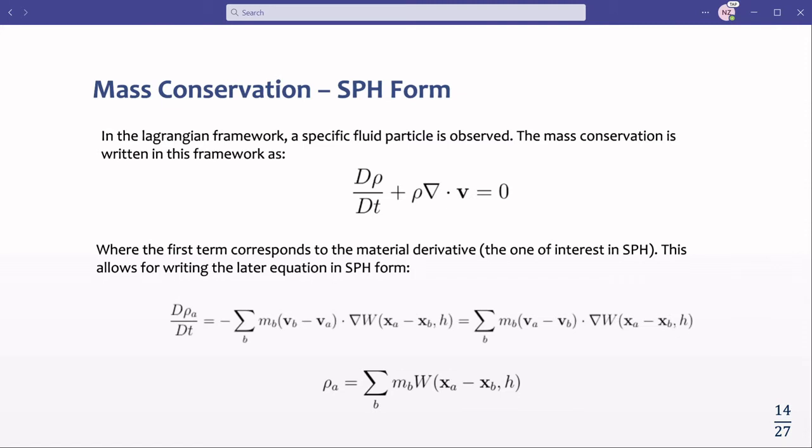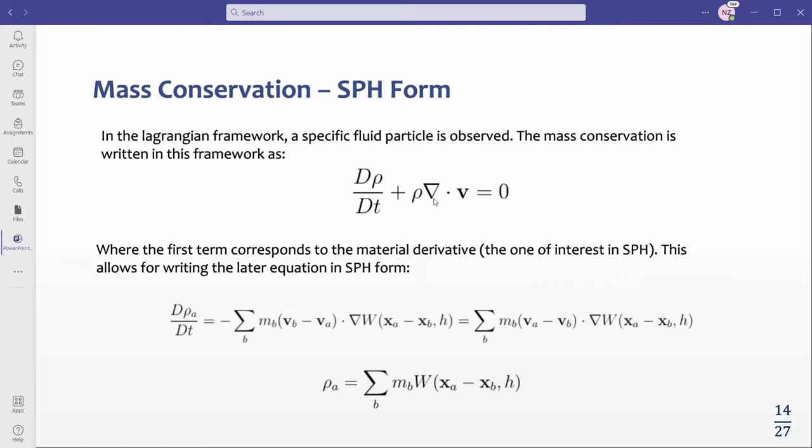Well, now in the Lagrangian framework, this is the expression for the mass conservation. We have that the material derivative of the density is equal to minus density times the divergence of the velocity field. So, for example, when we have an incompressible flow, that means the density doesn't change with time.